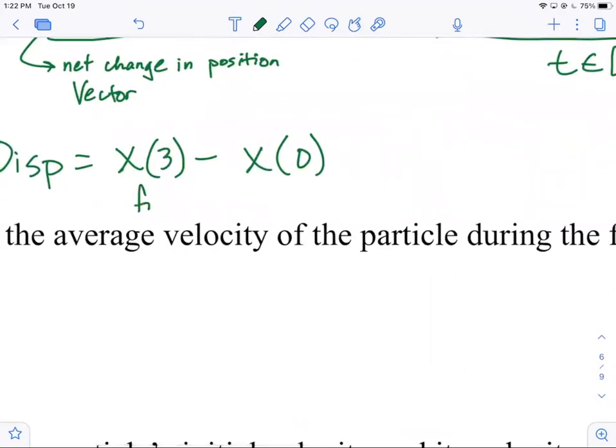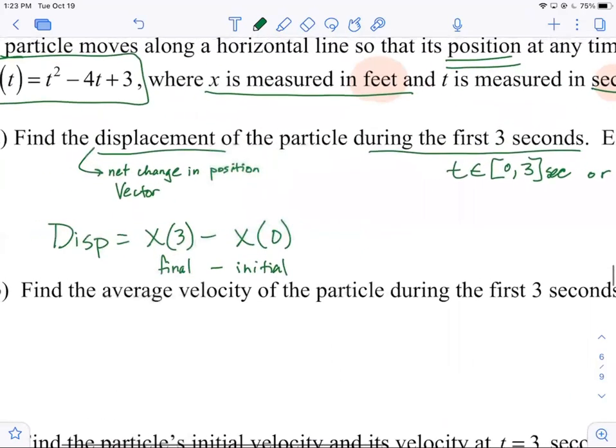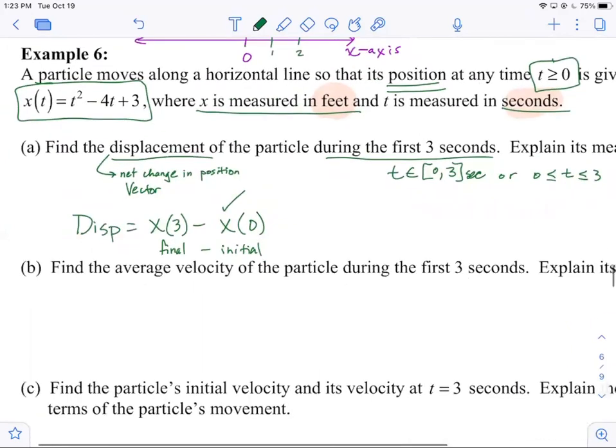So this would be final minus initial. If you do initial minus final, you're going to get what's called the opposite of displacement, and you're going to get it wrong. Final minus initial. All right. So now that we've got it set up, this would earn a check, just FYI, because that's indicating your method. And now all we got to do is evaluate it.